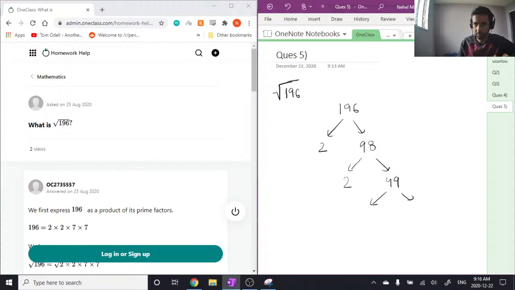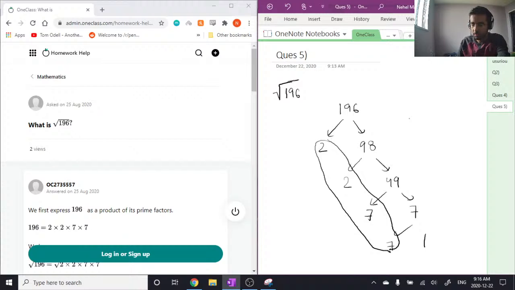4 obviously won't work because 2 didn't work, 5 won't work because it doesn't end in 5 or 0, 6 won't work again because 3 and 2 didn't work, but 7 would work. So 7 times 7 is 49, and then finally 7 times 1. So our prime factors came out to be this set here.